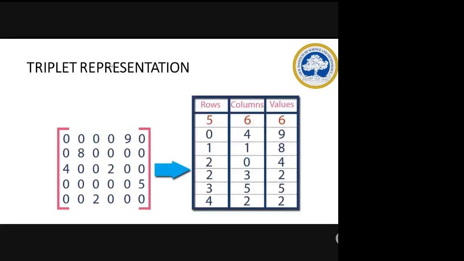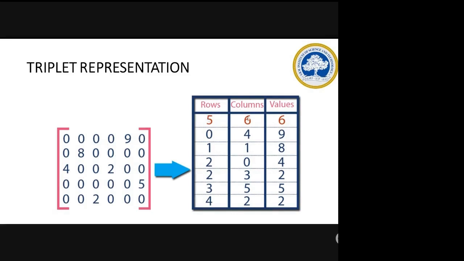Take down this example of triplet representation. Here there are 6 rows and 6 columns, a 6 cross 6 matrix.